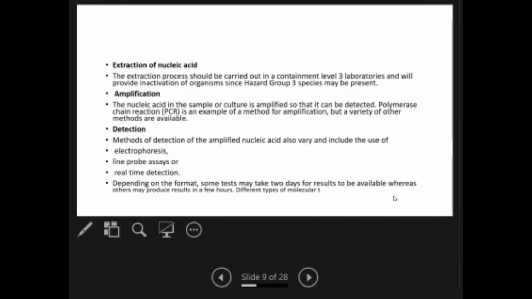They also depend on the skills of the technicians, and you have to specially design a laboratory to carry out molecular testing, because we have to prevent cross-contamination to avoid giving false positive results. The last stage is the detection of the DNA or RNA molecule. For that, we use different methods. One is electrophoresis. Another is line probe assays, and real-time detection, which we are very commonly using these days.